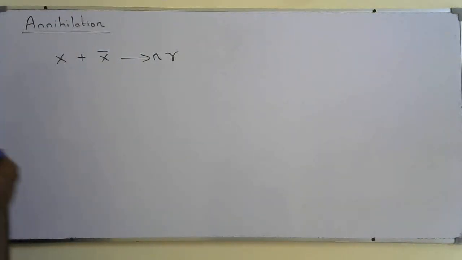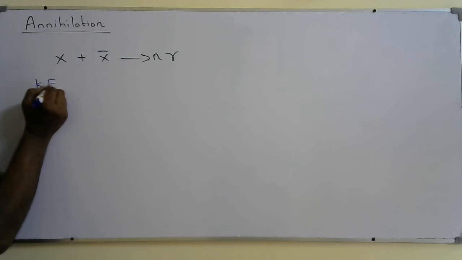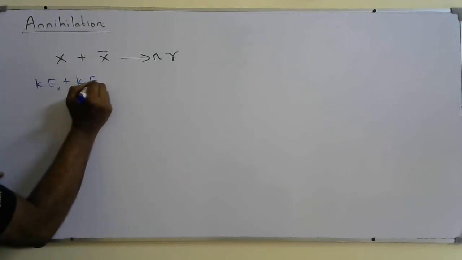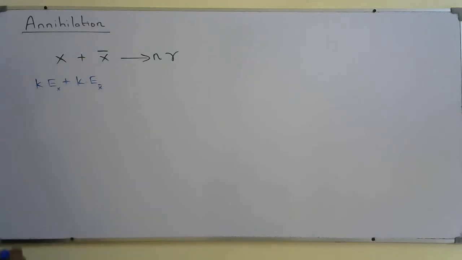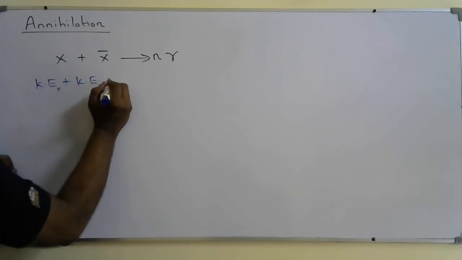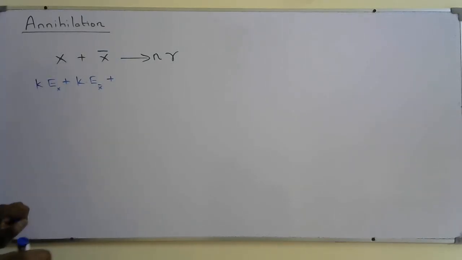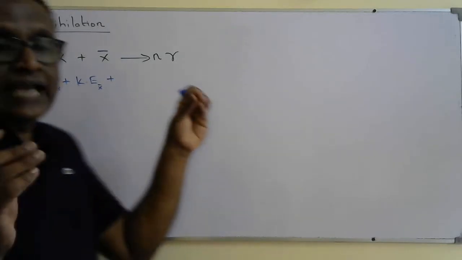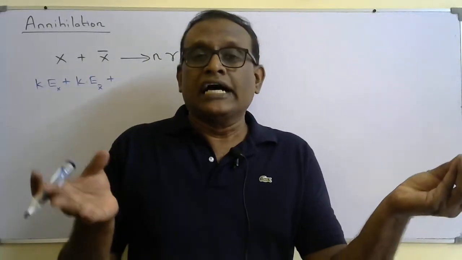Say, kinetic energy of X plus kinetic energy of X bar, if they are in motion. Then X has mass, so I should add the mass, but we can't add, because mass is in kilograms and energy in joules.